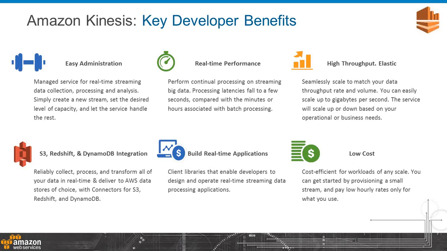It is high throughput and elastic, where customers, developers, and architects can control that throughput and elasticity. Kinesis allows building of real-time applications through first-party assets like the client library, and also by enabling integration with other solutions like Storm. And finally, Kinesis is a low-cost way for workloads of any scale to ingest data.